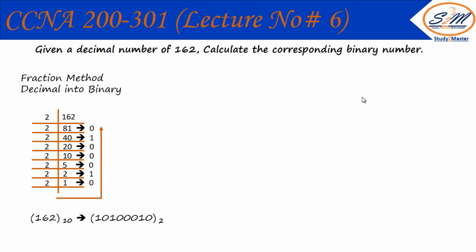And 1 divided by 2 is 0, the remainder is 1. So 164 in base 10 is equal to binary 10100100. It's the process of how to convert from decimal to binary using the fraction method.